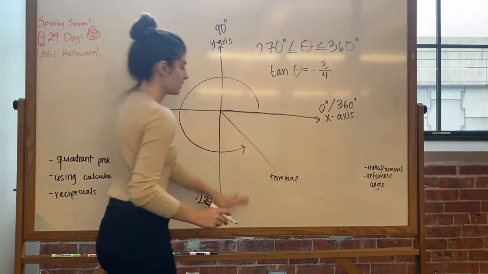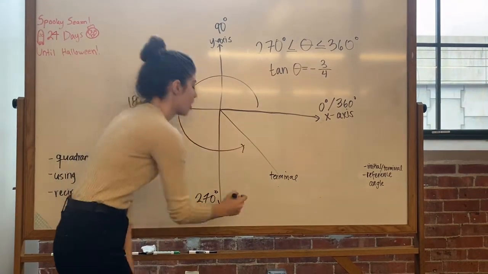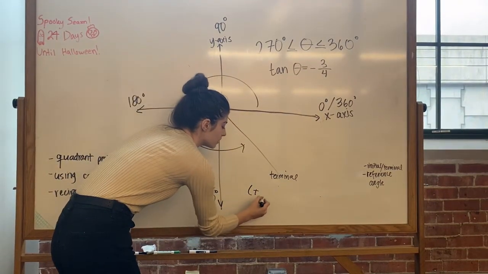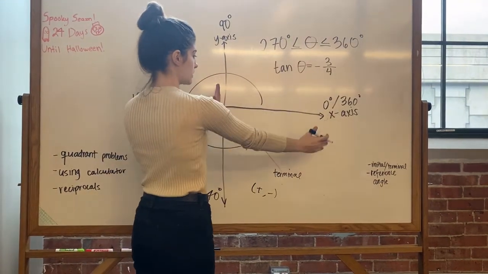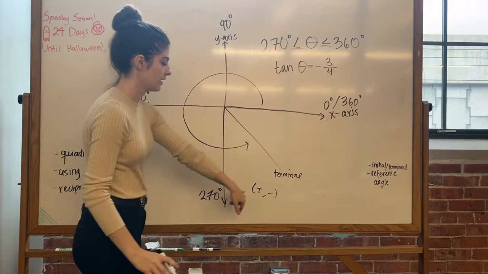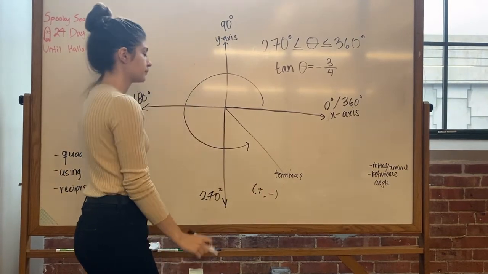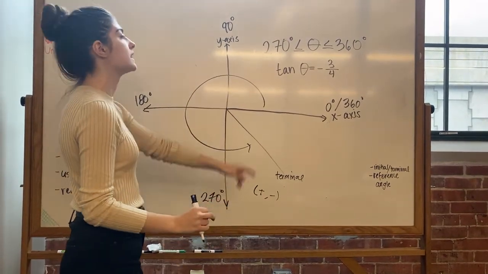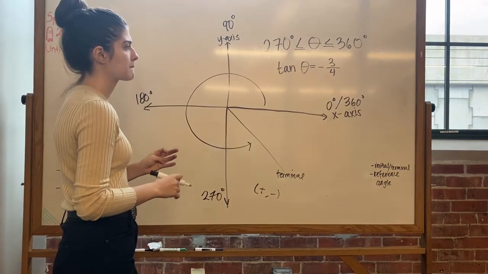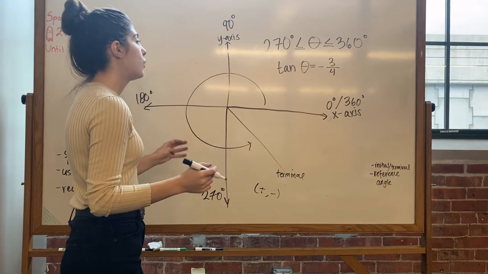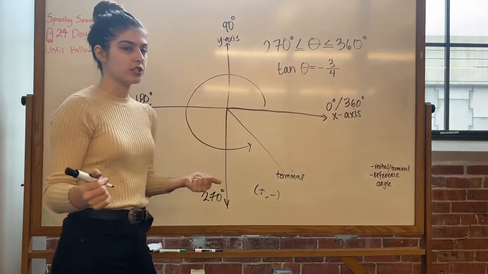Now keep in mind that because we're in quadrant 4 down here, our x is positive, our y is negative, right? Because we're to the right, but we're to the bottom, okay? X is positive, y is negative. Now we're given that the tangent of theta is -3/4. Well, what do we know about tangent, right?